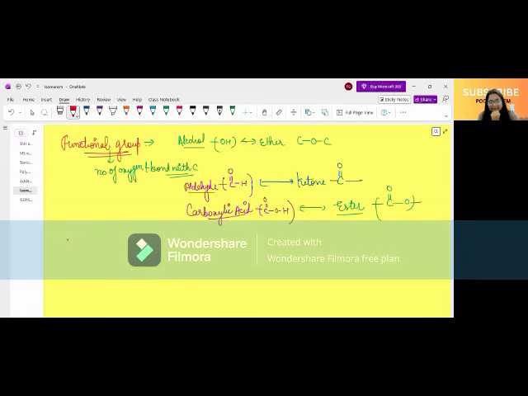Let's say you have butanol. So butanol will have the formula CH3, CH2, CH2, CH2OH. This is butanol. If I make ether out of it, I have to put the oxygen between two carbons, right? You can put it anywhere.